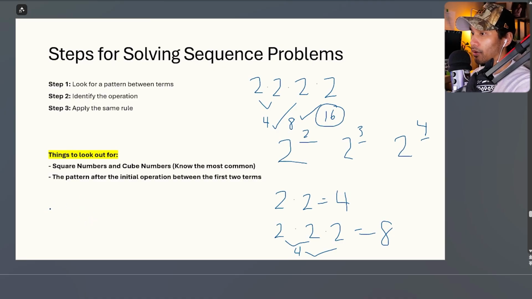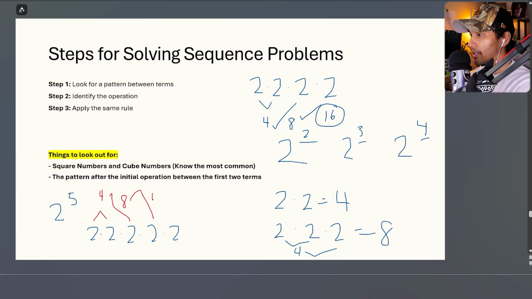For example, let's go over 2 to the power of 5. So we have 2 times 2 times 2 times 2 times 2, and I'm going to do it like this. 2 times 2 is 4, 4 times this 2 is 8, 8 times this 2 is 16, and then 16 times this 2 is 32.